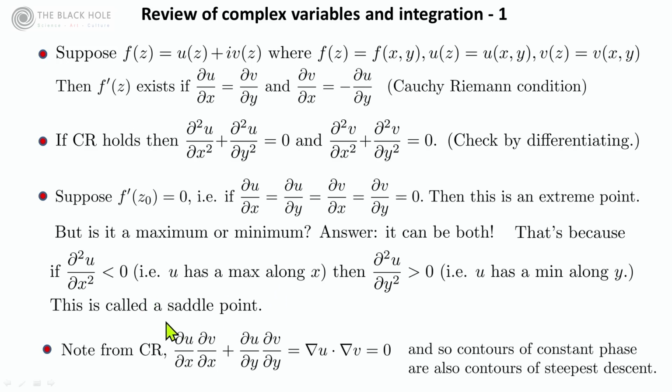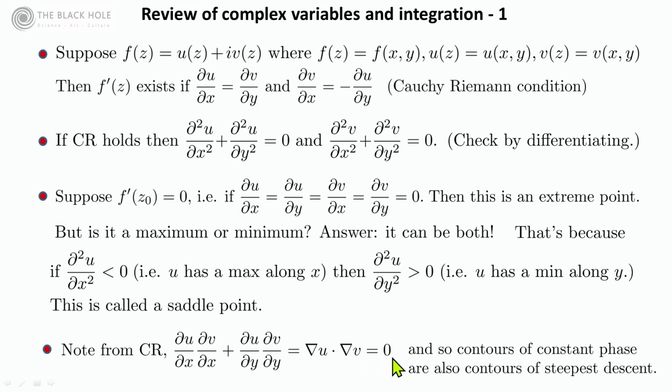We'll picturize this later, but you see that from the Cauchy-Riemann condition, just check this out, it's pretty trivial, du by dx, dv by dy, and similarly over here, that this is the gradient of u dot the gradient of v being 0.